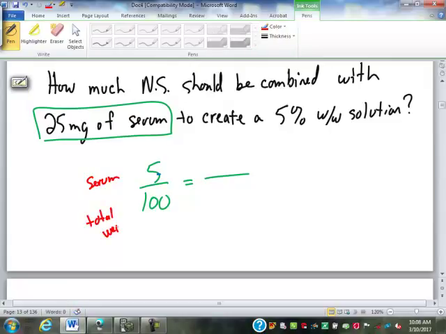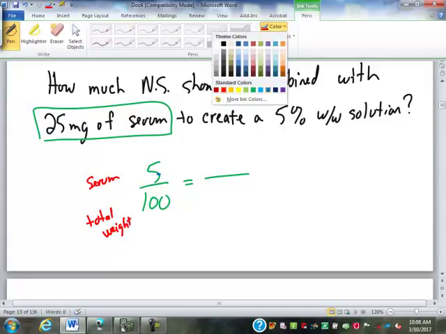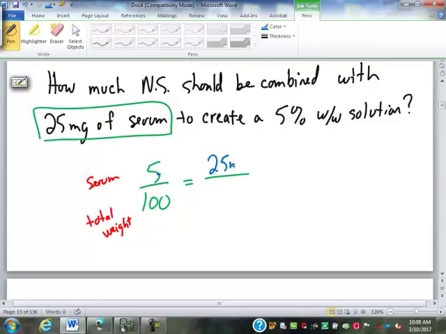Total weight in this case, I should say. So the 25 milligrams has to go on top. We will cross multiply and divide to get that this must be 500 milligrams.